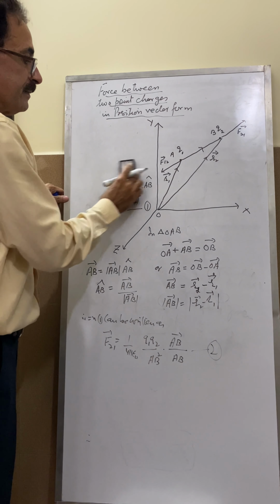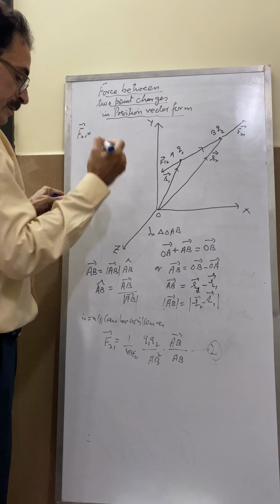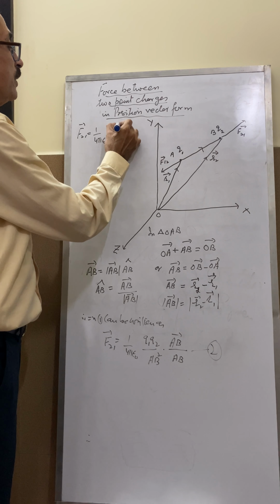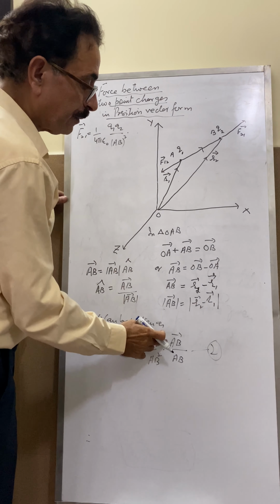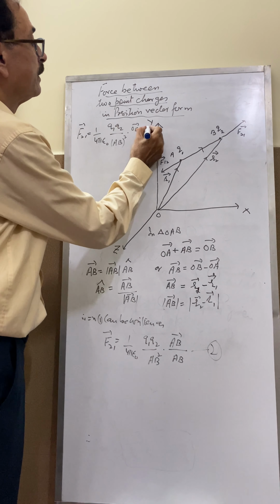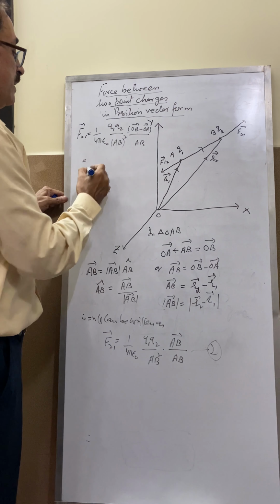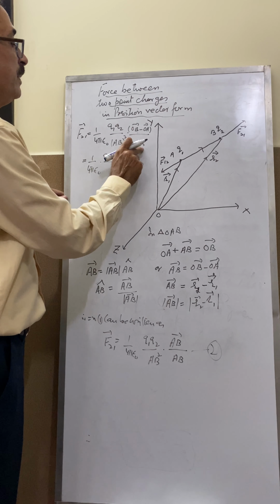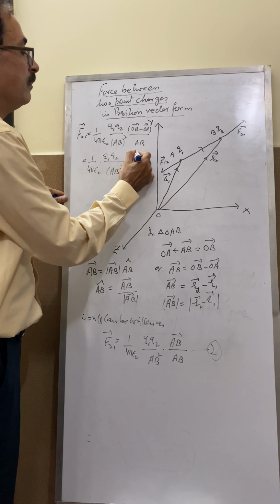So I can write F21 is equal to 1 upon 4 pi epsilon naught Q1 Q2 upon AB square into, instead of AB vector, I will write OB minus OA vector divided by AB, which can be written as 1 upon 4 pi epsilon naught Q1 Q2 upon AB, and AB square becomes AB cube, into OB minus OA.